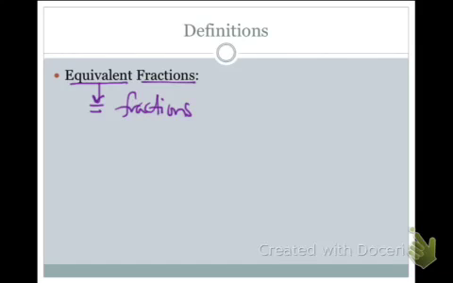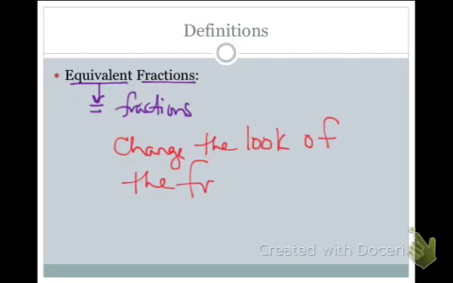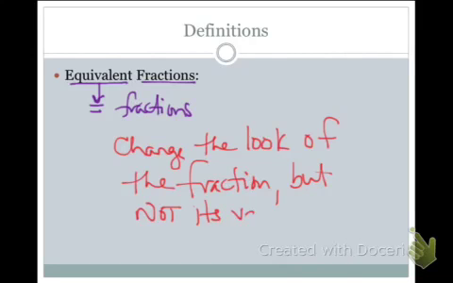Ultimately for us, what that means is we're looking to change the look of the fraction, but not its value. So if I look at specifically an example of 1/2, I could say 1/2 is 0.5, but so is 4/8. It just has a different look.